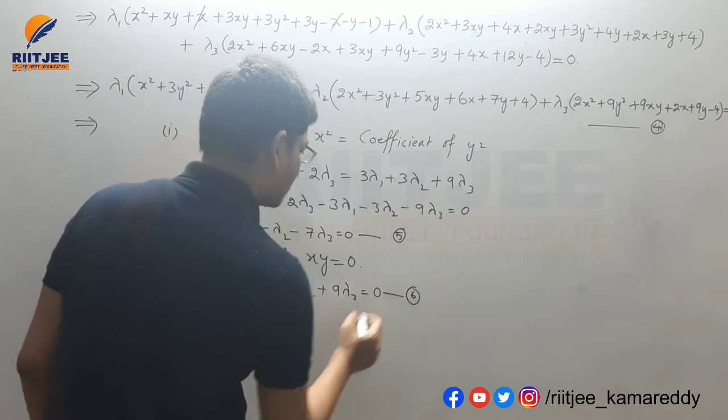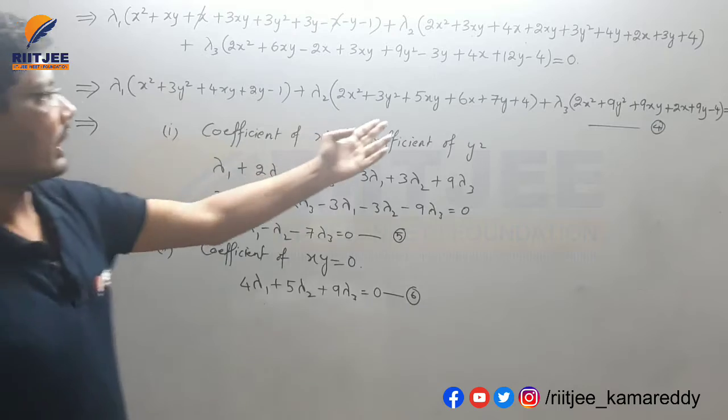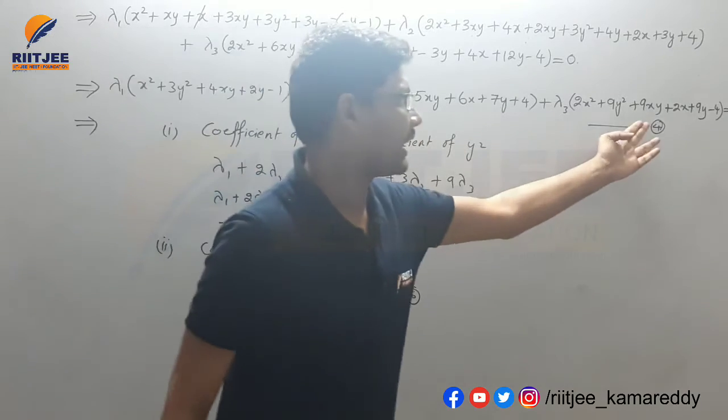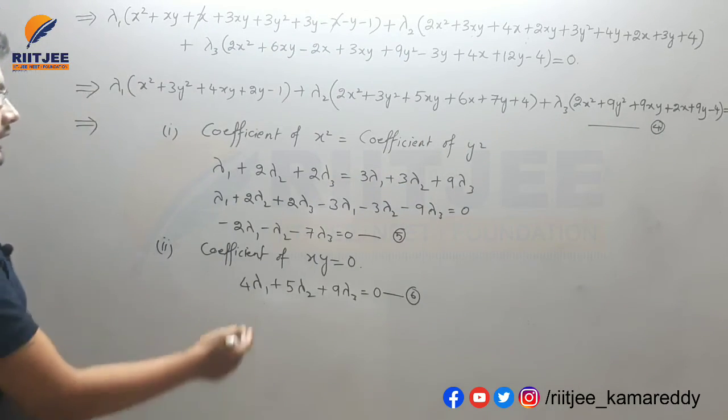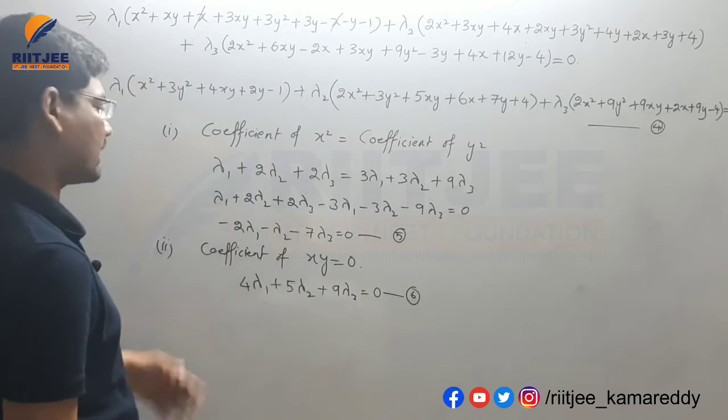This is equation number 6 here. 4 into lambda 1, 5 into lambda 2, and 9 into lambda 3. These are the coefficients of x into y. The x into y coefficient is equal to 0. This is condition number 2 here.